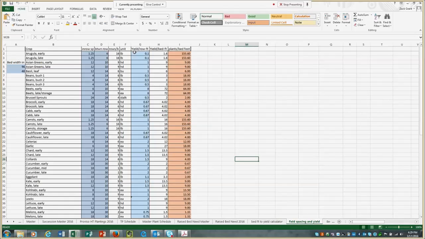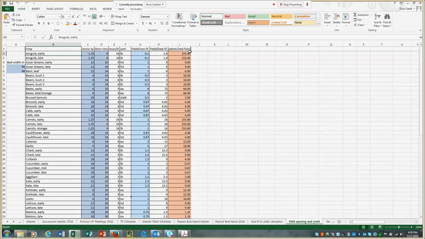In this case, the first one is arugula. Arugula early would be the arugula planted in the spring. We're thinking of that in terms of yield per row foot, so that would be pounds per row foot. Then column H says yield per bed foot, and column I is plants per bed foot, but you don't really need to get into that.